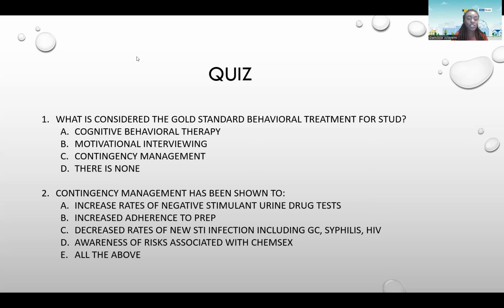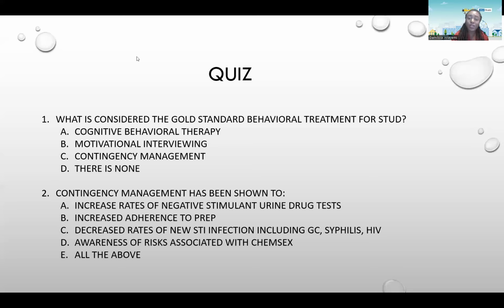The second question is: contingency management has been shown to A, increase rates of negative stimulant urine drug tests; B, increase adherence to PrEP; C, decrease rates of new STI infections, including gonorrhea, syphilis, and HIV; D, increase awareness of risk associated with chemsex; E, all of the above.